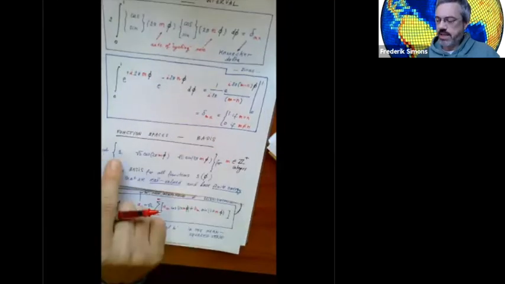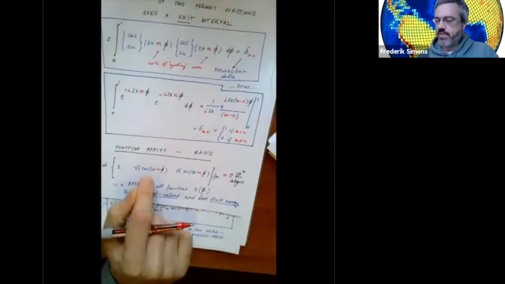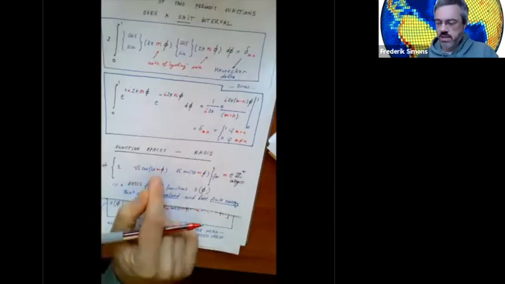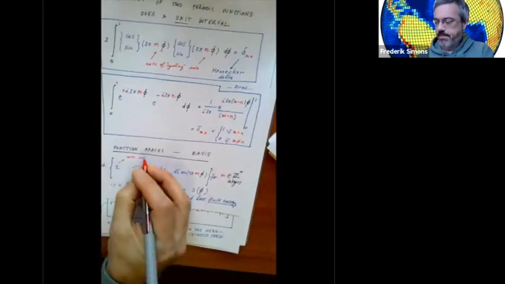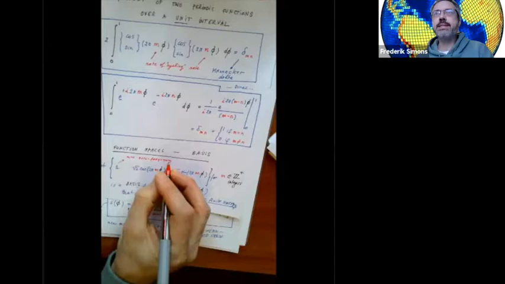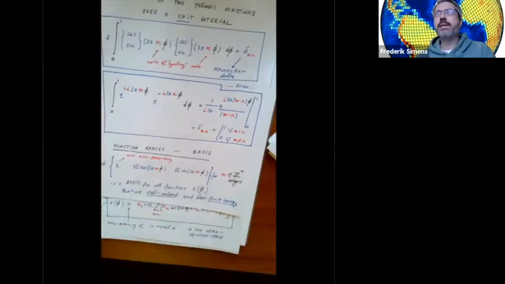What that means is that you take the set of these functions, cosines of 2 pi n phi and sines and so on, including 1, which is the 0 frequency one, and that is a basis. What do we mean by a basis? It's a basis for a space. It's a space that contains functions. What kind of functions? Functions that are square integrable, that if you take their absolute value square and integrate them on that interval, you don't end up with infinity, which would be a sad, sad function.